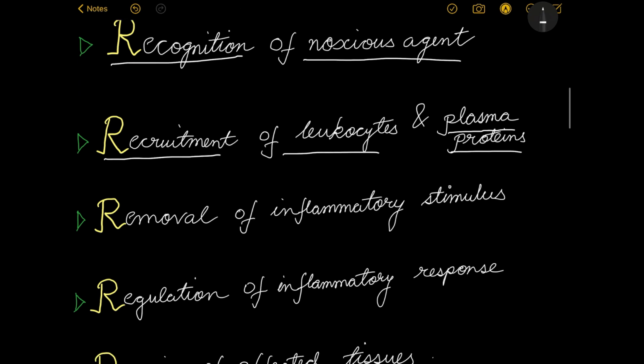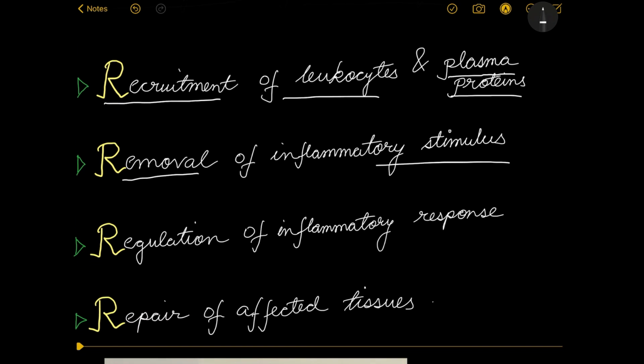Third is obviously removal of the inflammatory stimulus, which is the stimulus actually causing the inflammation, which means the offending agents. Then throughout the removal, throughout the inflammation process, there is a regulation of the inflammatory response, because like I mentioned right now, inflammation is a double-edged sword.